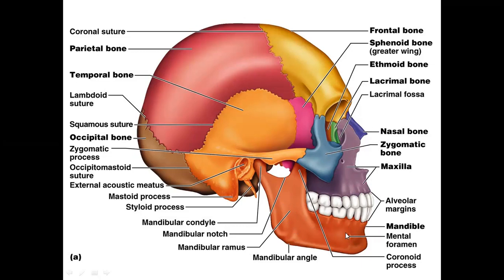This is the body of the mandible, this is the ramus, this is the angle of the mandible. This projection is the coronoid process. This projection is the condyloid process. It fixes in the mandibular fossa of the temporal bone to form the temporomandibular joint.